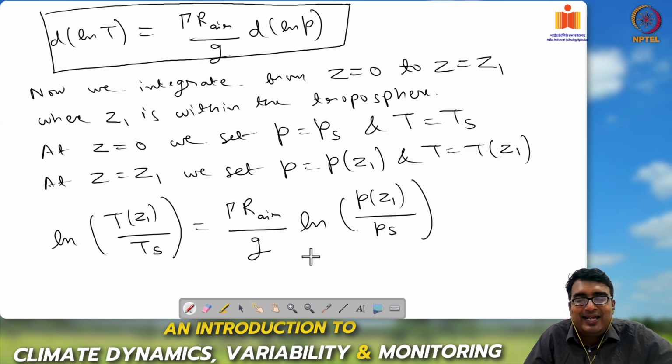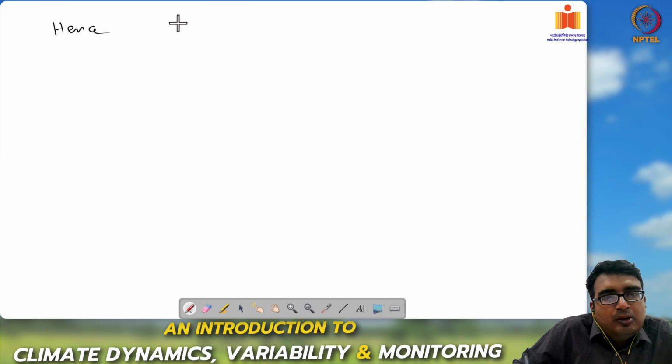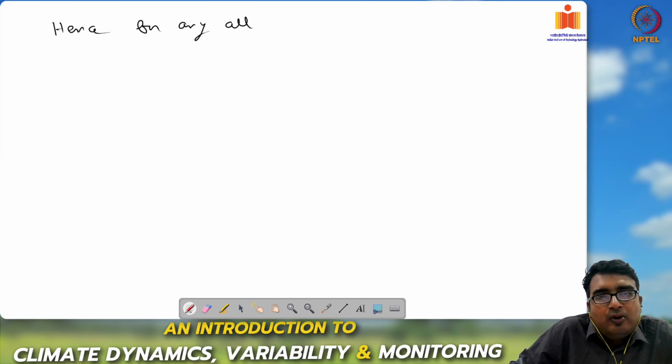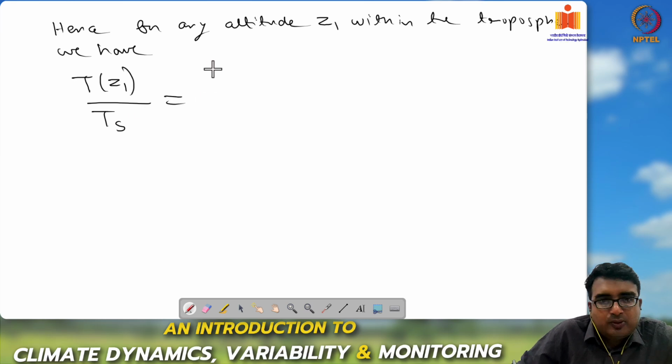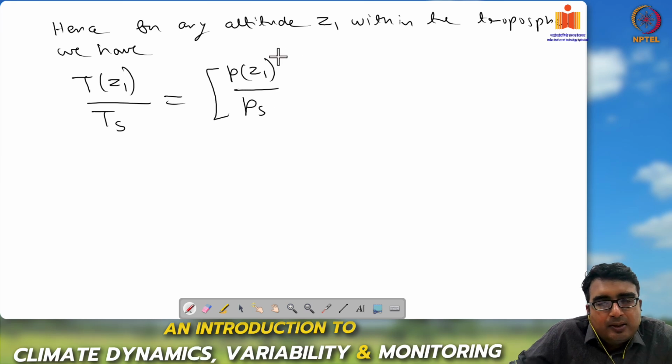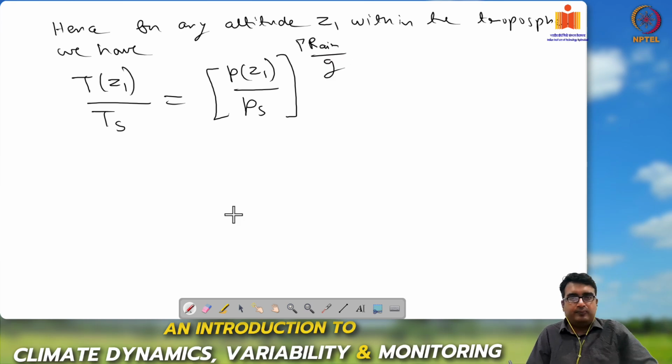Then we can take out the logarithm and get, for any altitude z1 within the troposphere, T at altitude z1 by Ts equals pressure at altitude z1 by Ps to the power gamma R air by g.